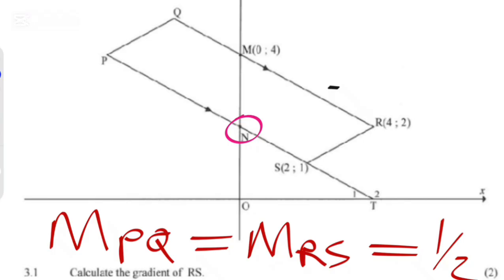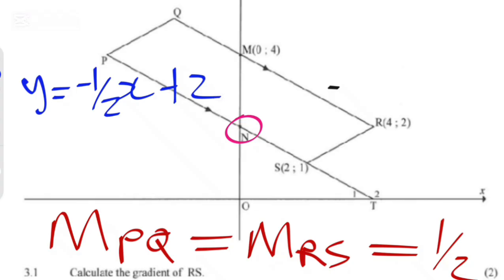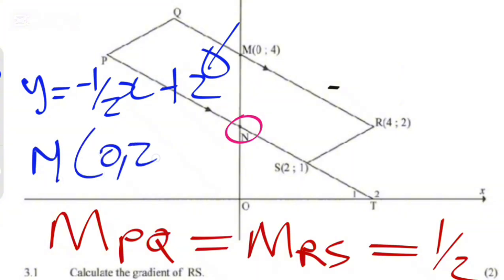And then you have the formula, y equals minus 1 over 2 x plus 2. So c is the y-intercept, so N is going to be 0 and 2. Hopefully you are getting it.